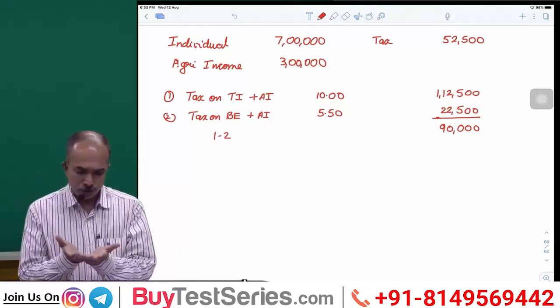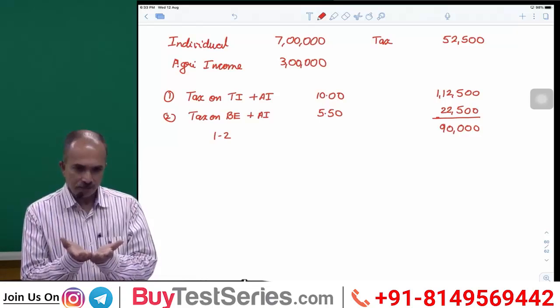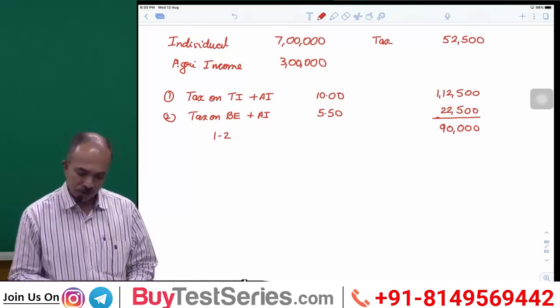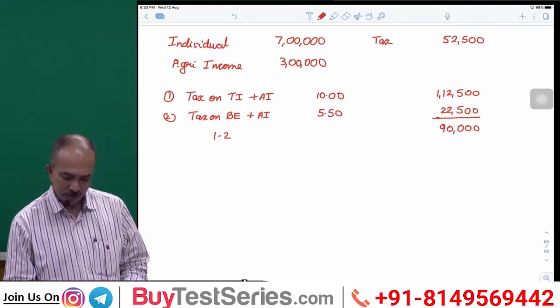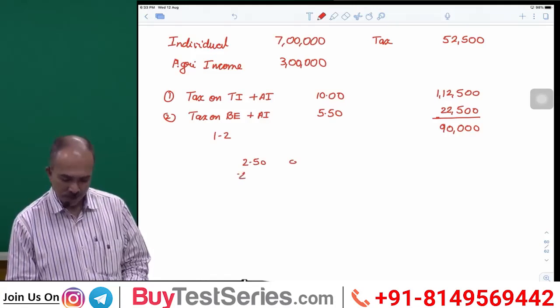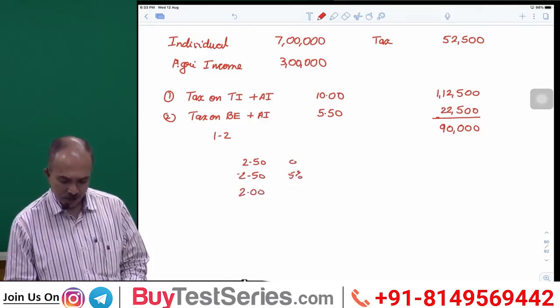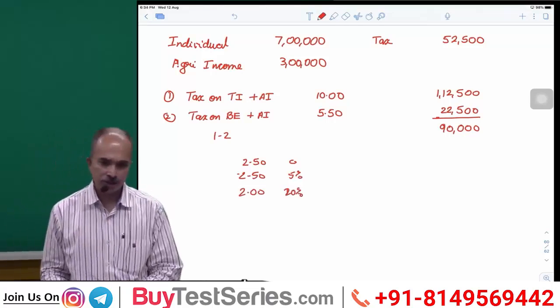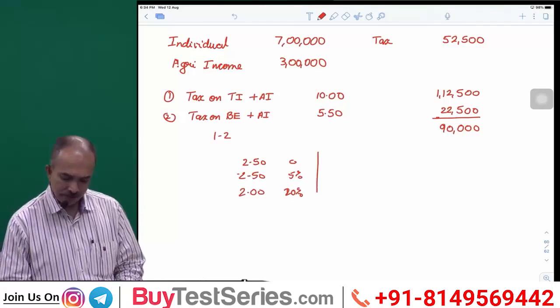See, the logic of agricultural income aggregation का क्या होता है? The intention is to push income which is taxable at a lower rate to higher rate. आपका original situation क्या था? 2.5 लाख पे 0 था. Next 2.5 lakh was at 5%. Remaining 2 lakh was at 20%. This was the scene originally. Correct? Now what is happening?